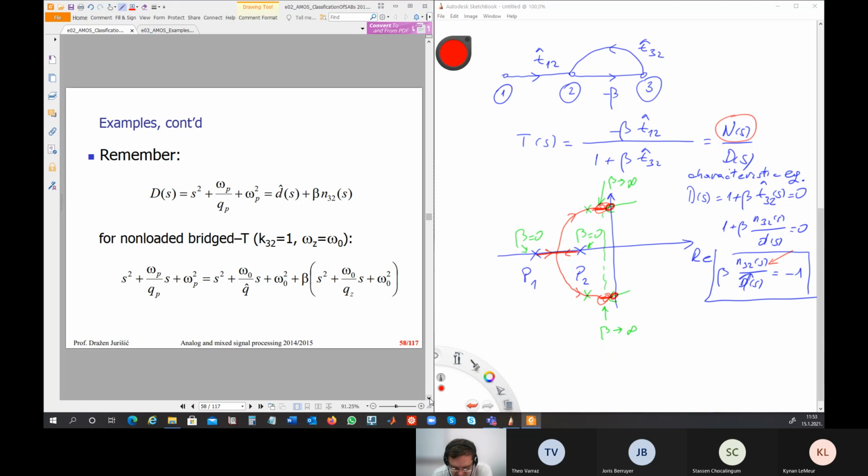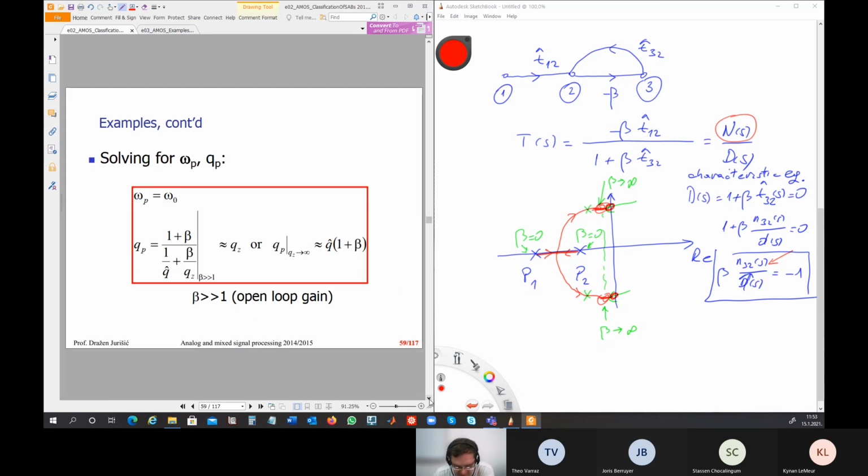And if we try to calculate the values, you can try to do it by yourself, you will have the following equations. Finally, omega P is equal to omega 0. We remember what omega 0 is. This is 1 over the square root of R1, R2, C1, C2. So omega 0 is equal to omega P. So we can say that omega P is now very stable.